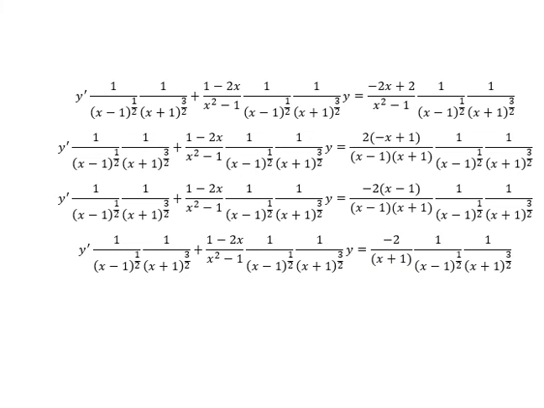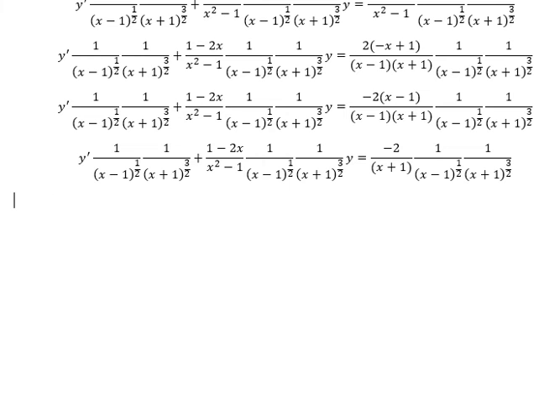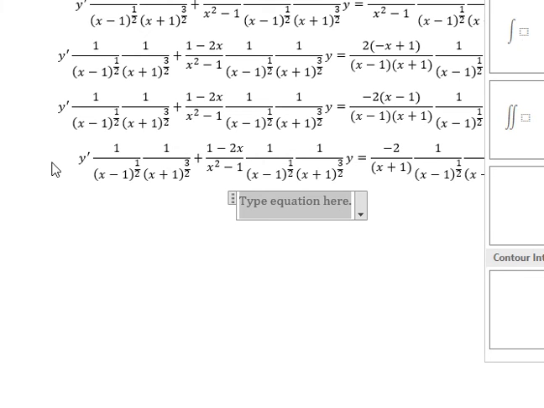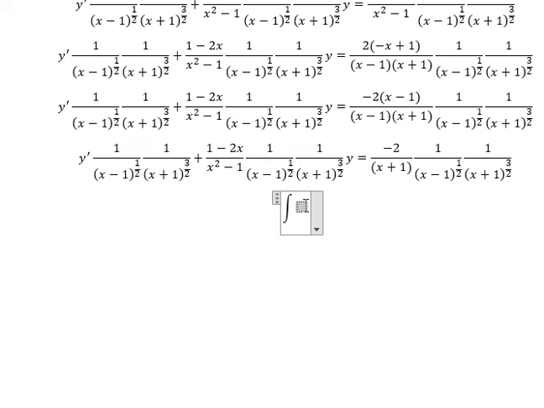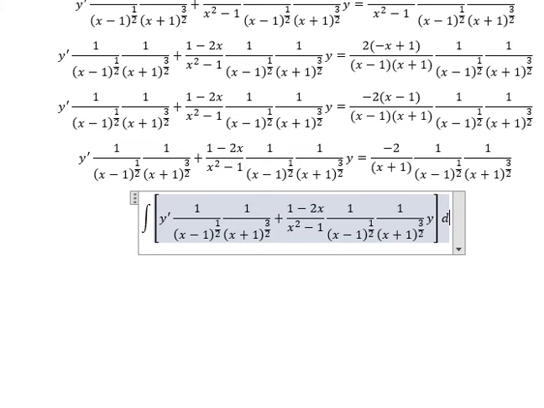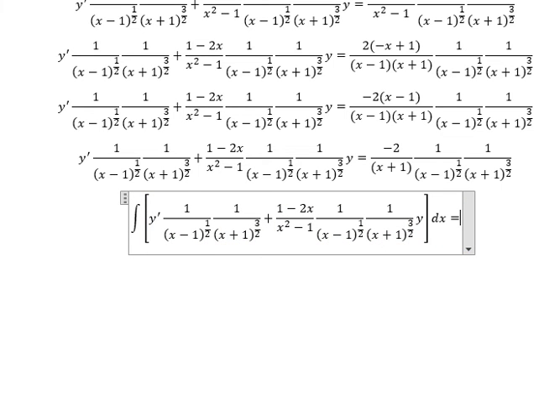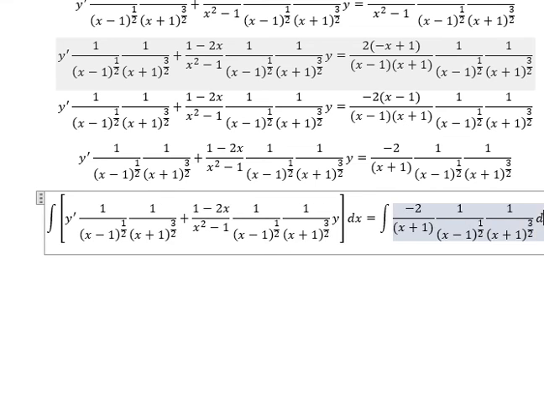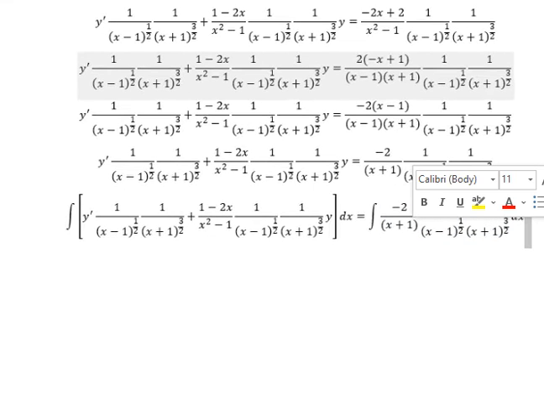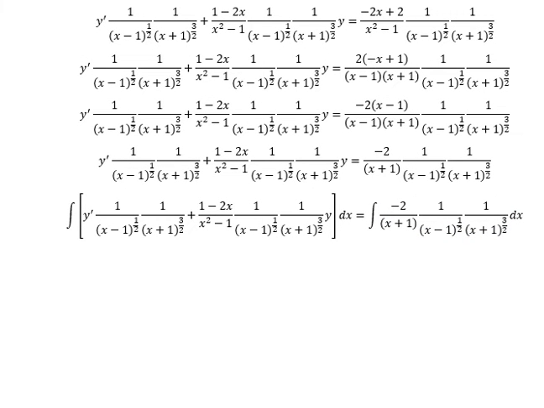Next, we put the integration for both sides. So we apply the product rule of the derivative.